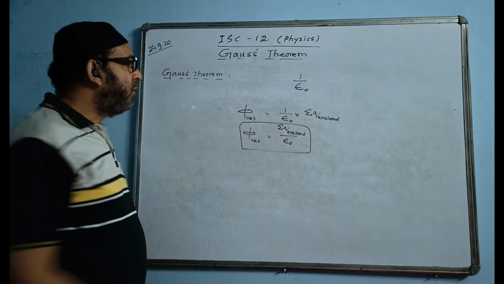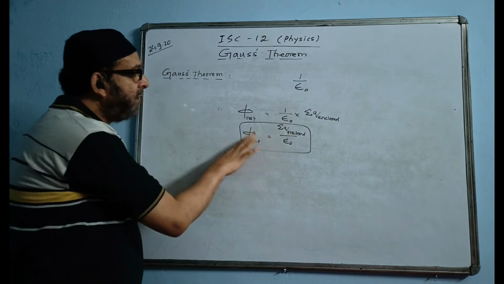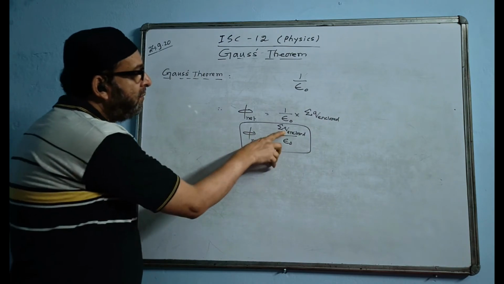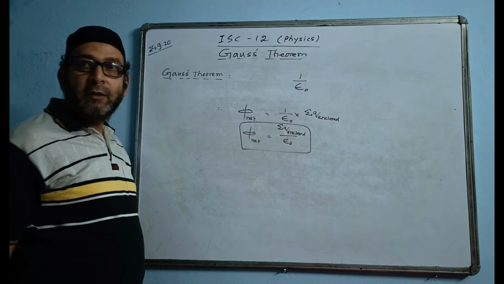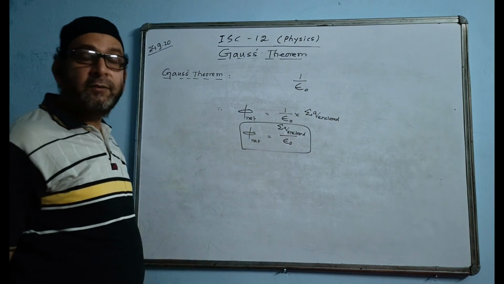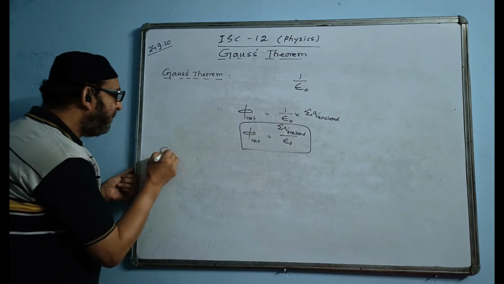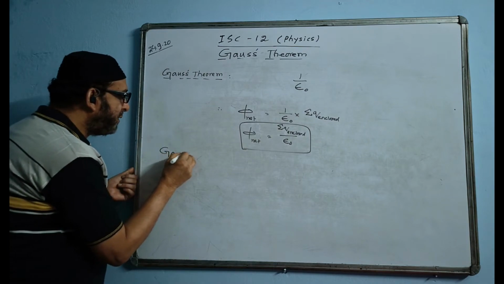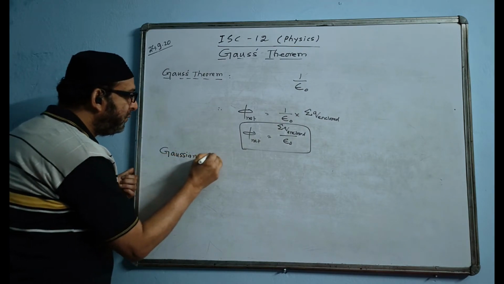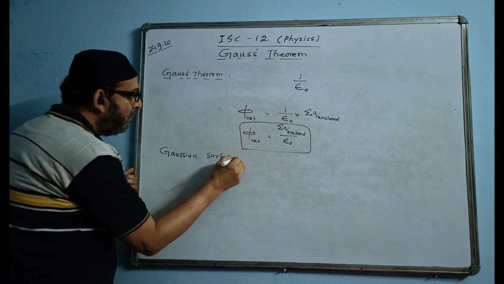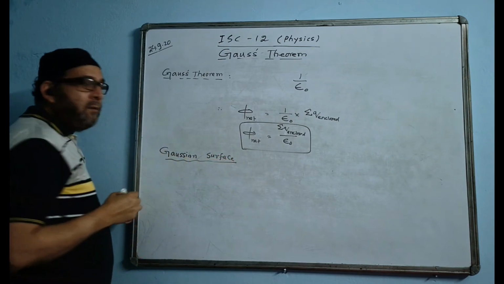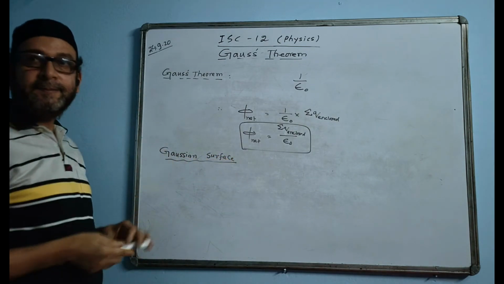So this is Gauss theorem, and this statement is important. Here you must write phi net and here you must write sigma q enclosed. The word enclosed is very important here. Then the next heading you can give below is Gaussian surface.